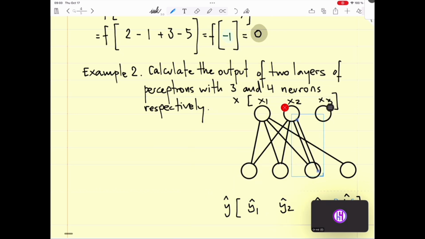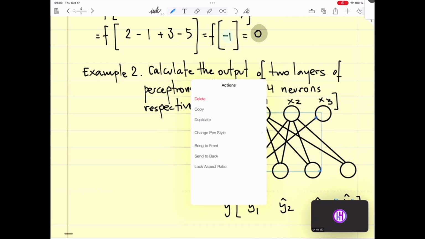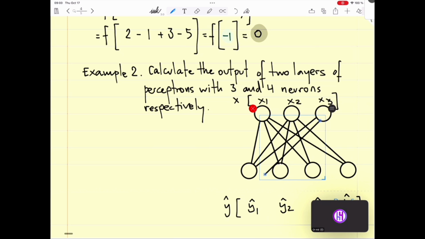So it takes a little bit of time to do it, but I think it's a nice thing to do to represent it smoothly, so I'll take the time. Basically, this is what is called a fully connected multi-layer perceptron.